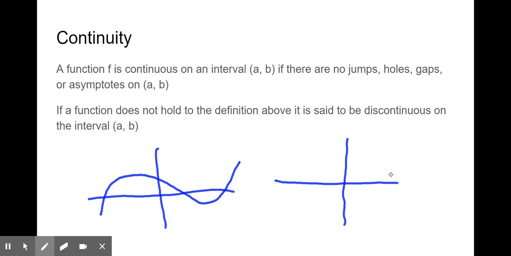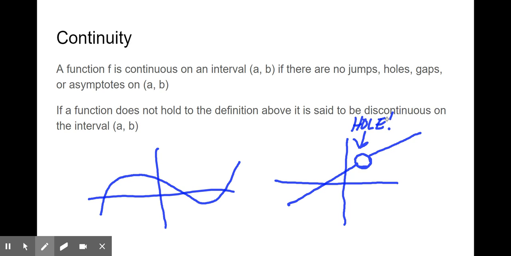Now inevitably we're going to get people who do one of these. Here you go. Now, I just drew that without lifting up my pencil, whether you can see it or not. So, is that continuous? No, it is definitely not continuous. There's a hole here in the graph.